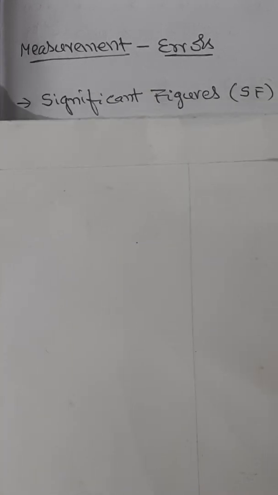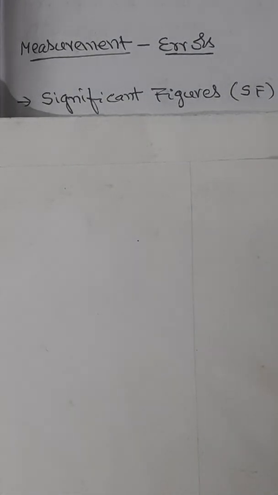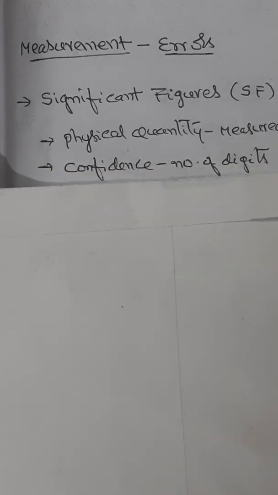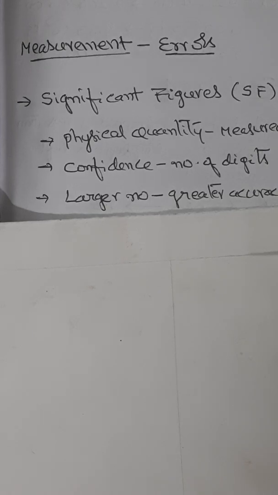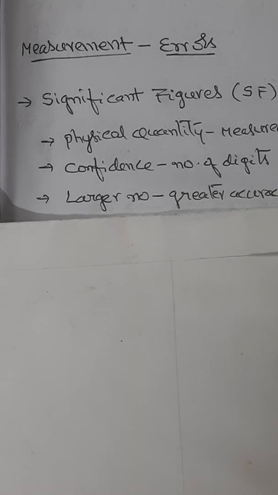So let us focus on understanding significant figures. For our discussion's sake, I am representing significant figures as SF. Now, what does a significant figure mean basically? Significant figures in the measured value of a physical quantity tells the number of digits in which we have confidence.